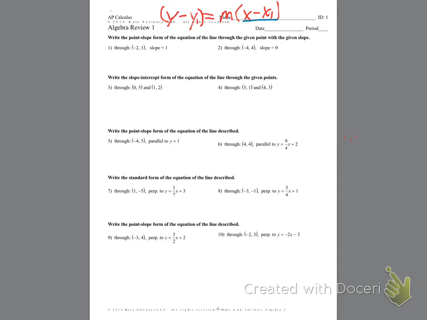Okay, and so the first problem we have here, they want us to put it in point slope, and they're giving us a slope. So it's pretty self-explanatory. We'll call this first point. That's our x coordinate, and of course there's our y coordinate, so it's y minus our 1, and the slope is equal to 1, so it's just x minus the negative 2.